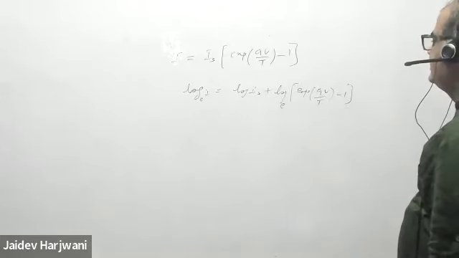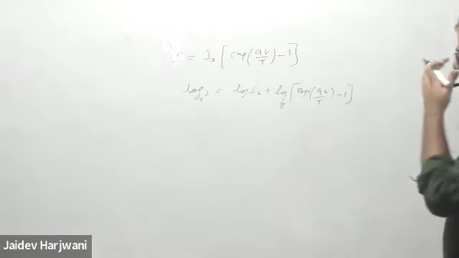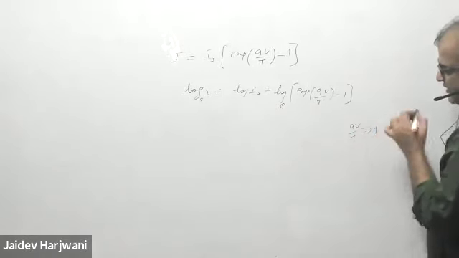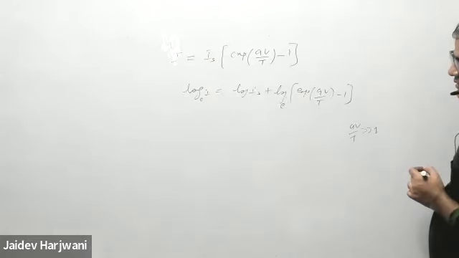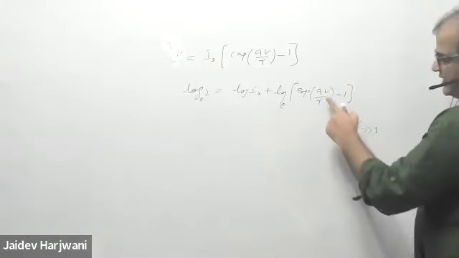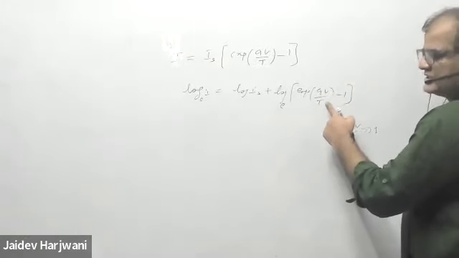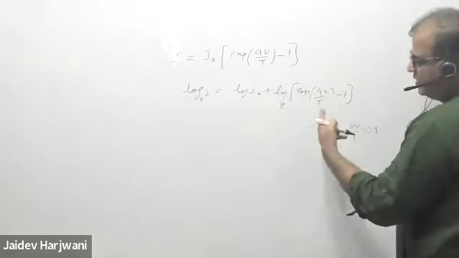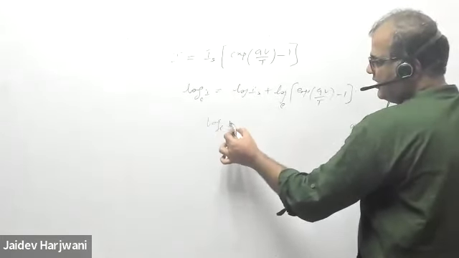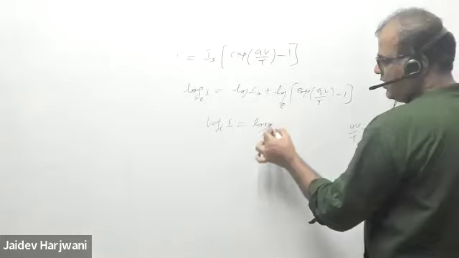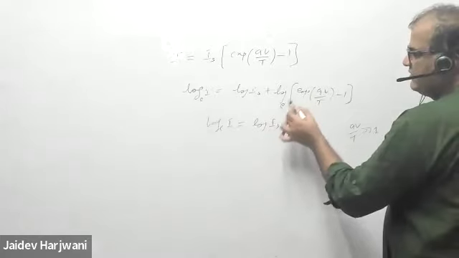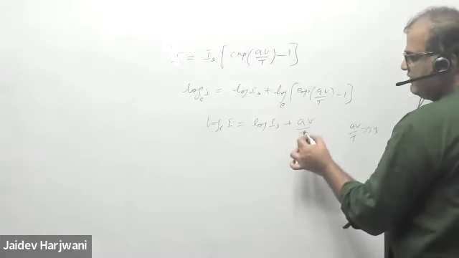If my AV/T is greater than 1, exponential 1 is 2.7, and if it is 2, 3, 4, then I can neglect this 1. So I can write log I is equal to log IS, and this log and exponential will be cancelled, so this will simply come AV/T.